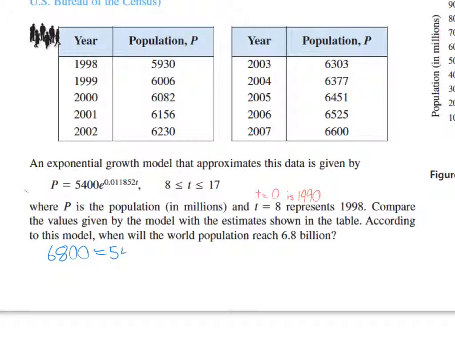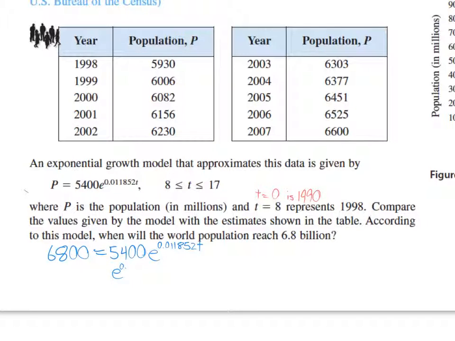So that equals 5,400 e to the 0.011852 t power. And especially when you're given it in a model, do not round. Don't round what you're given at all. So, of course, we'll divide, and then after we divide by 5,400, how do we solve? ln, okay?